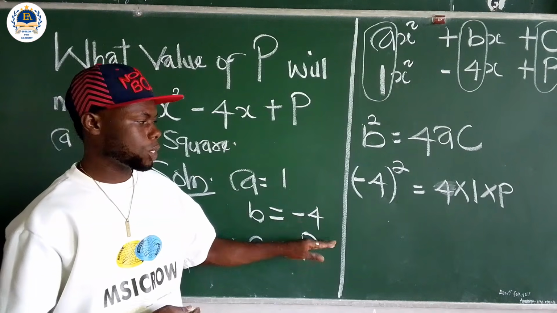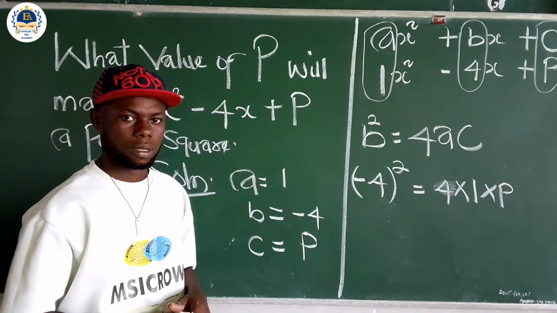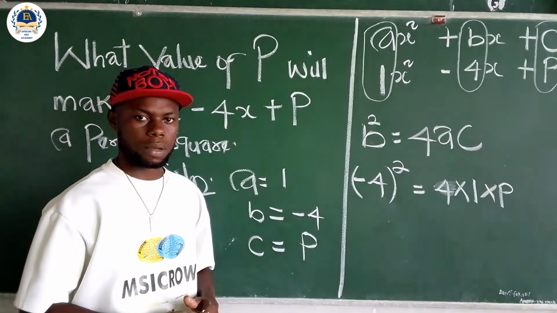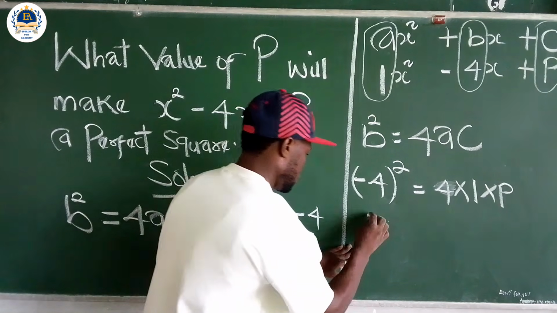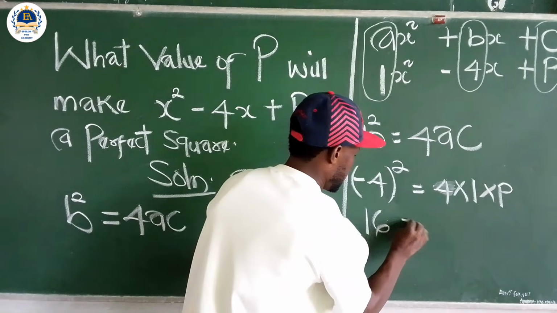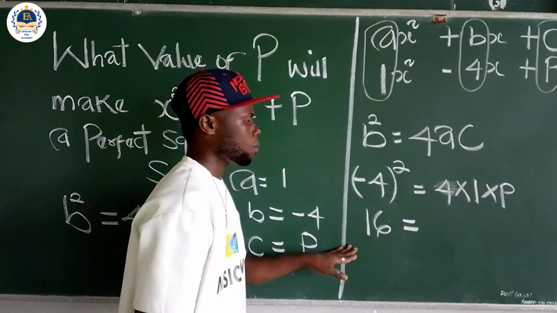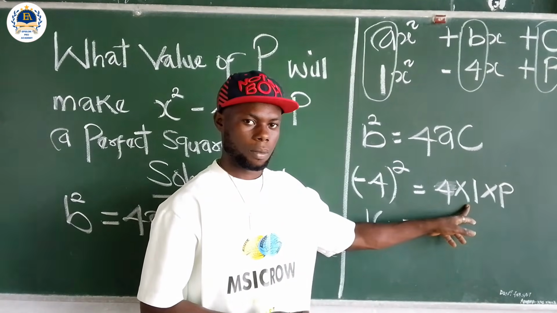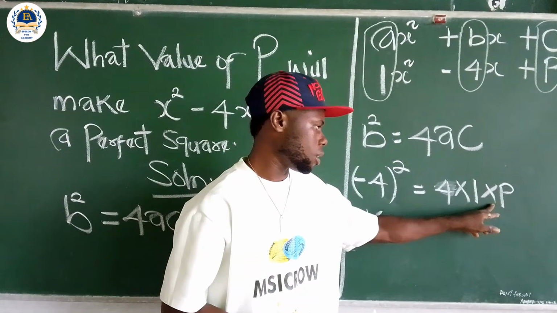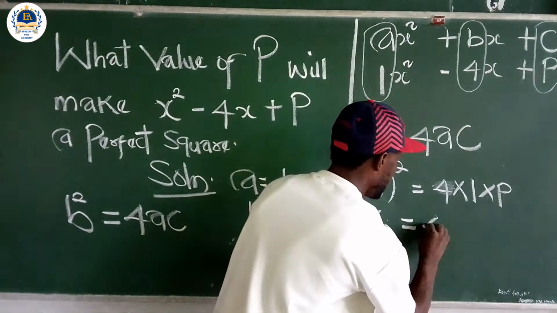Minus 4 raised to the power of 2 gives minus 4 times minus 4, which equals 16. Equal to 4 times 1 gives 4, and 4 times p is 4p.